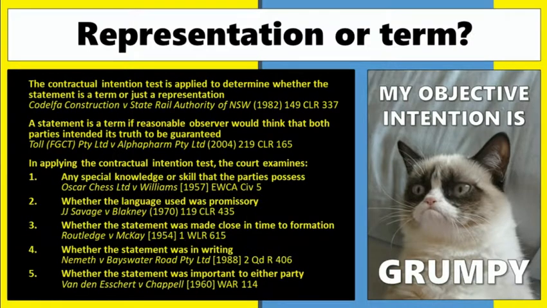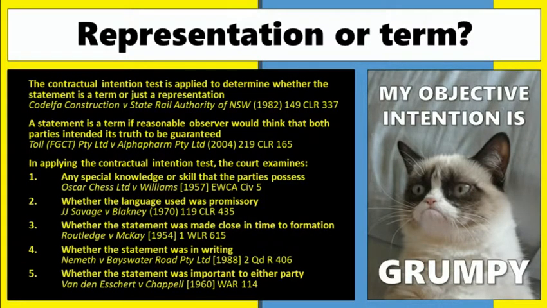And so the courts have developed for quite a long time quite a high bar, a high threshold, in terms of what sort of features and what pieces of evidence can be adduced to the court to try and determine whether a particular representation or statement that's made is a mere representation or a term.